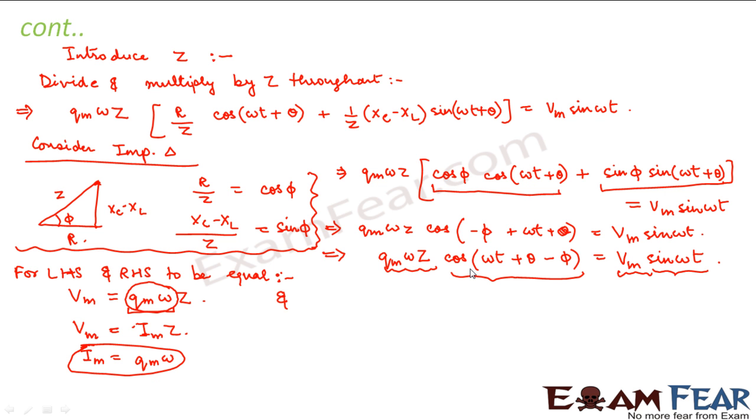So now we know that cos 90 minus theta is equal to sine theta. So this will be true only when theta minus phi is replaced with minus pi by 2. That means we want that also cos omega t. So theta minus phi should also be equal to minus pi by 2.